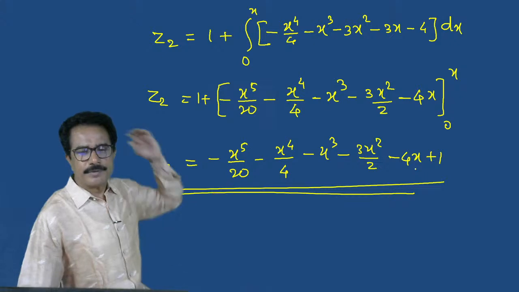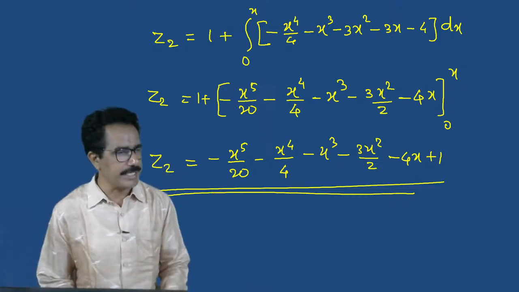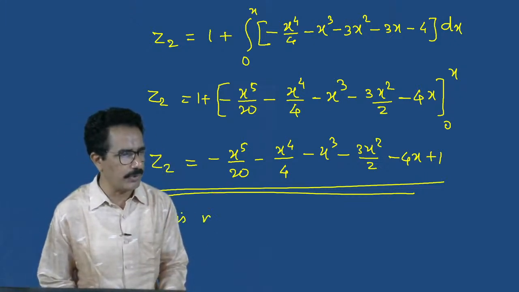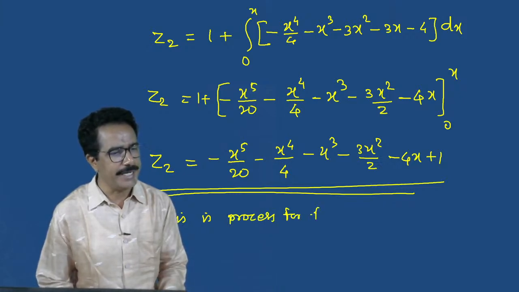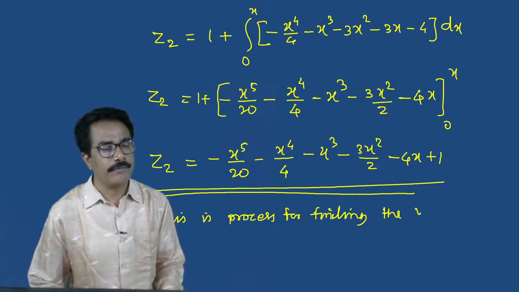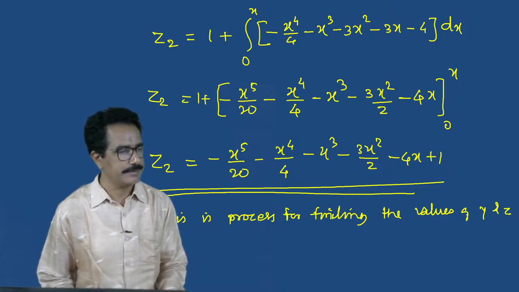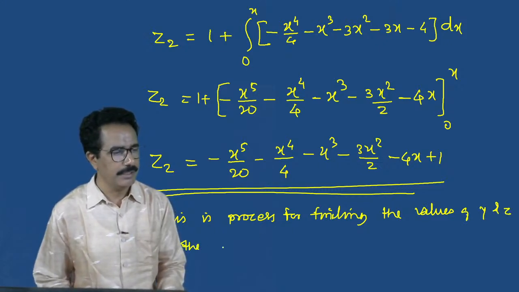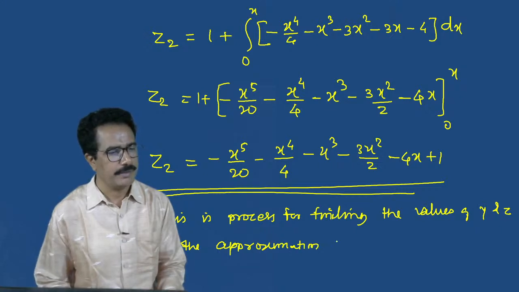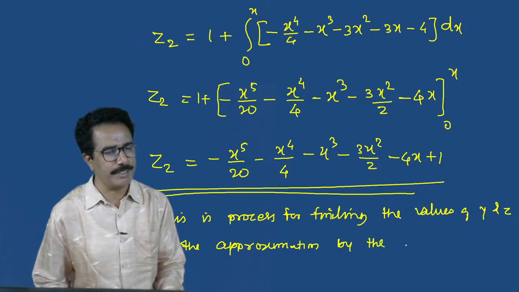This is the process for finding the values of y and z in the approximation method by the Picard's method.